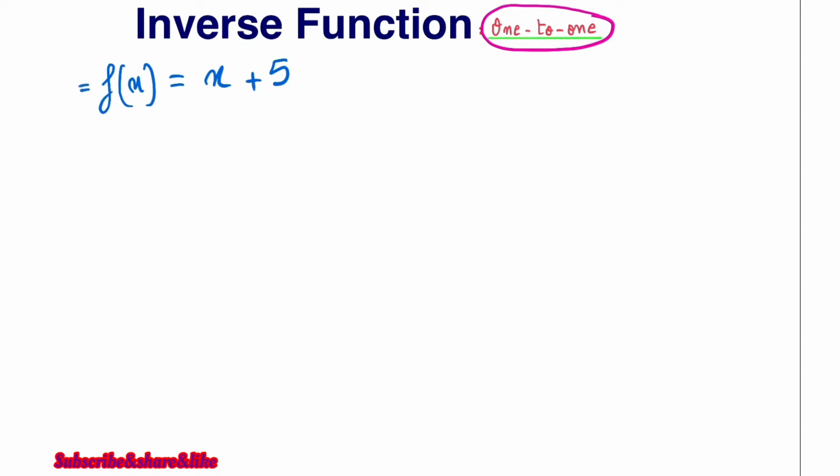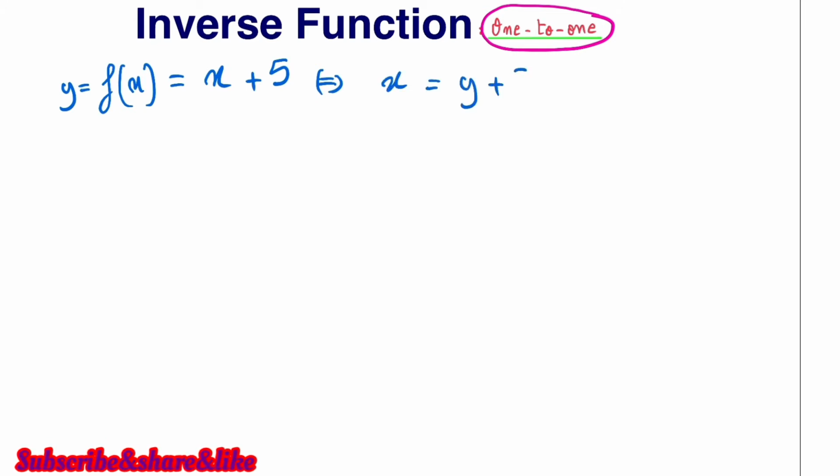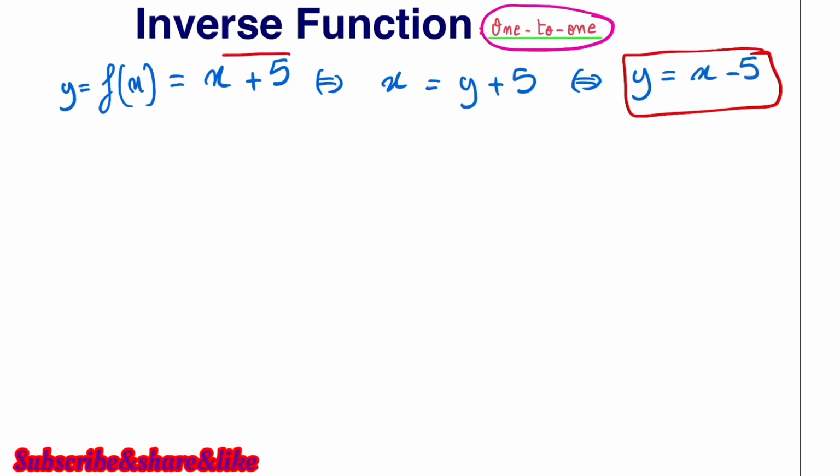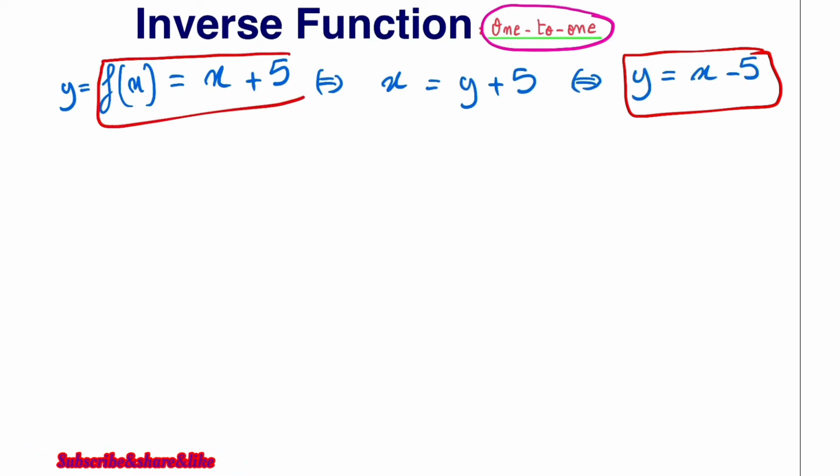We say this is y, therefore we switch x and y, so it will be x equals y plus 5. Then we solve for y: y is equal to x minus 5. So this is the inverse, f inverse, and this is f of x. Let's graph them both and see the symmetry I was talking about.